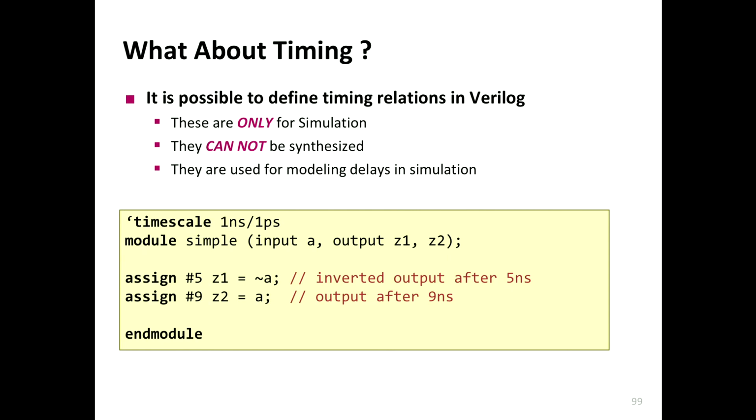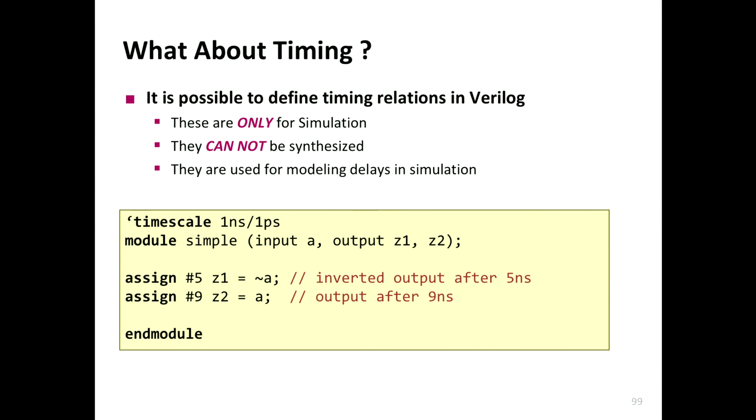Okay, so what about timing? We all know that circuitry is executed with respect to delays and timing. So one way of doing it is to give a timescale of 1 nanosecond, 1 picosecond. What this basically means is that when you use a parameter like hash 5, the inversion operation is going to take place after 5 nanoseconds.